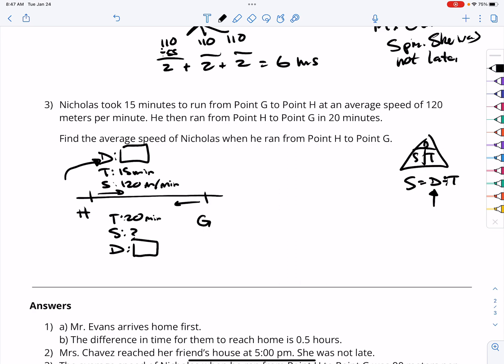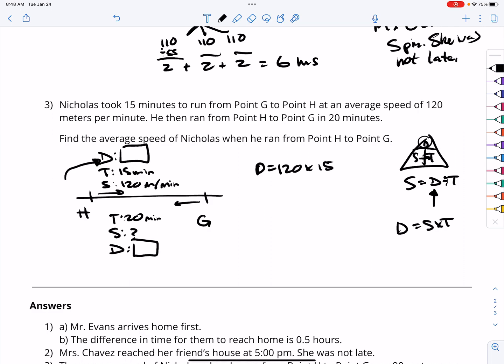All right, hopefully you've had a chance now to calculate that distance. So to calculate distance, distance equals speed times time. Our first piece of work here is going to be our speed of 120 meters per minute times 15 minutes.